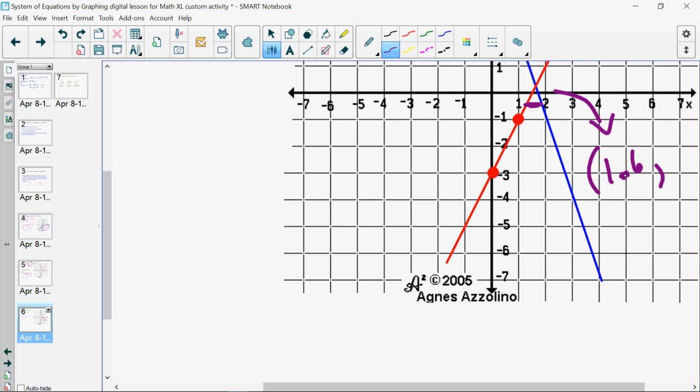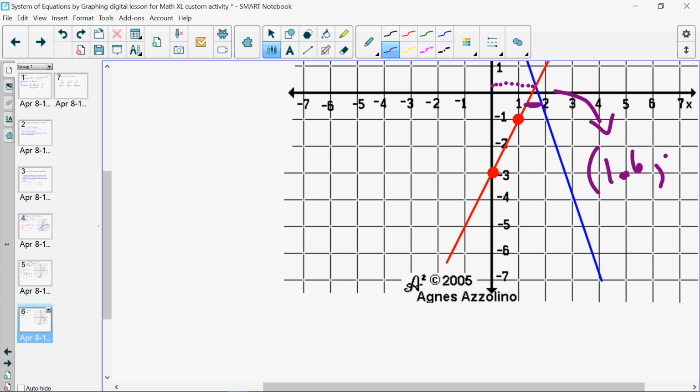My y value is barely over 0 because, again, this is my y-axis going up and down right here. So if this is my y-axis and it kind of runs into my y-axis right there, I would say that's maybe about 0.2 on the y-axis.